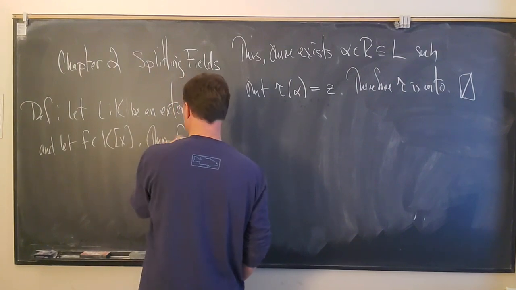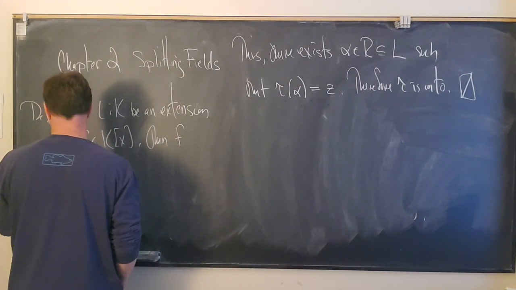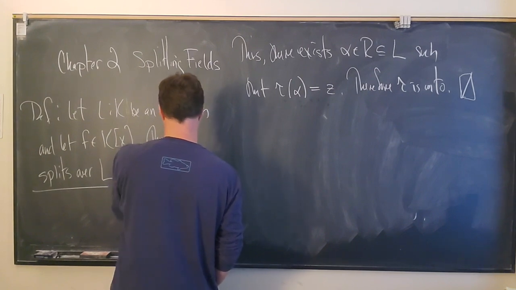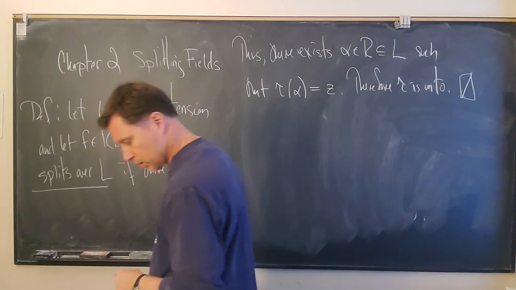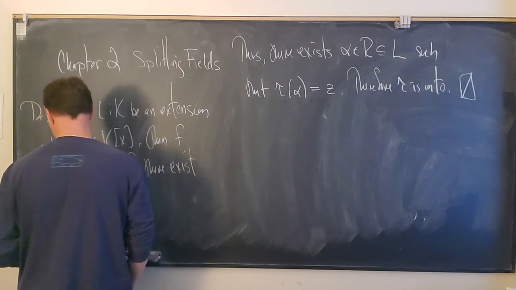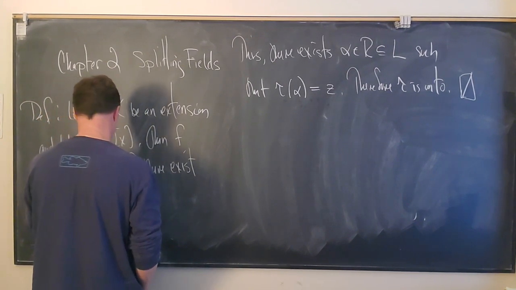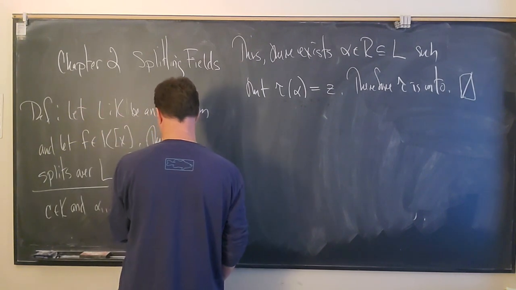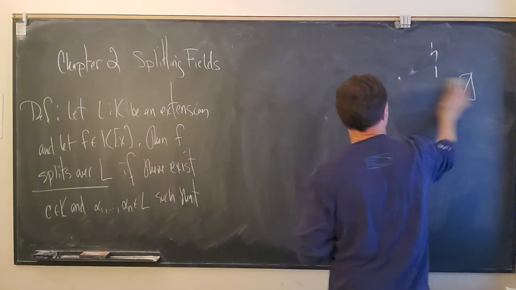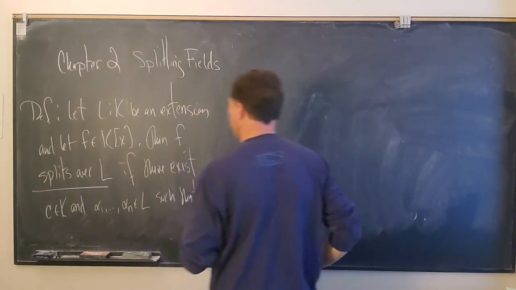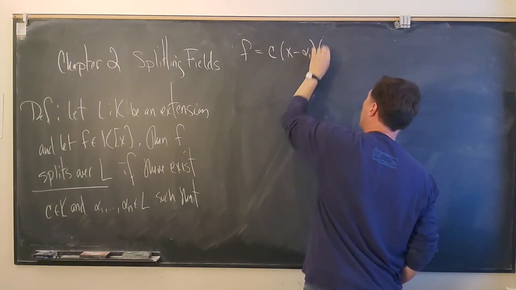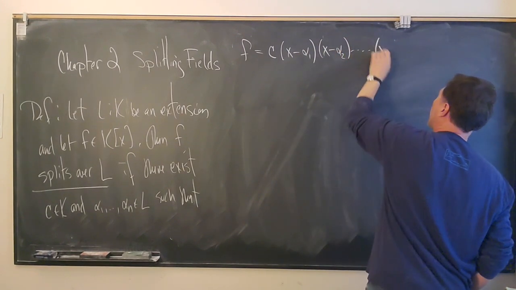Then f splits over L if there exists, let's say, c in K and alpha 1 up through alpha n in L such that f is equal to c times (x minus alpha 1)(x minus alpha 2)...(x minus alpha n).